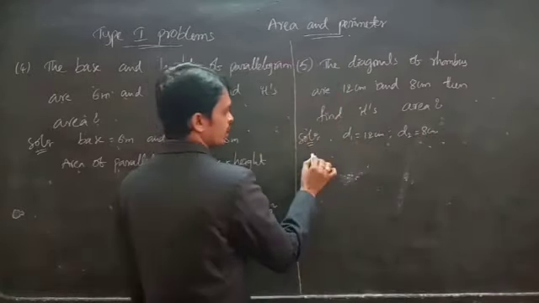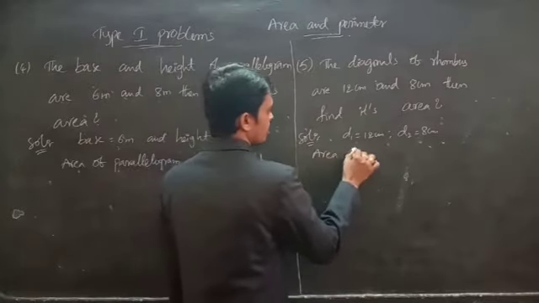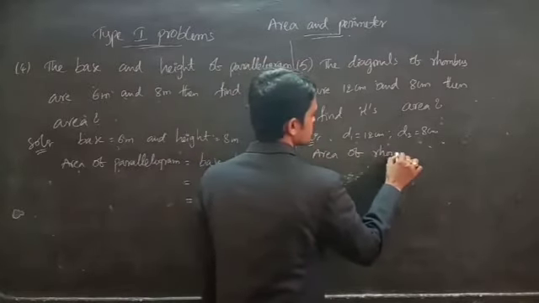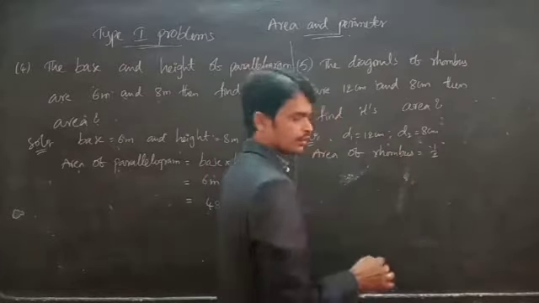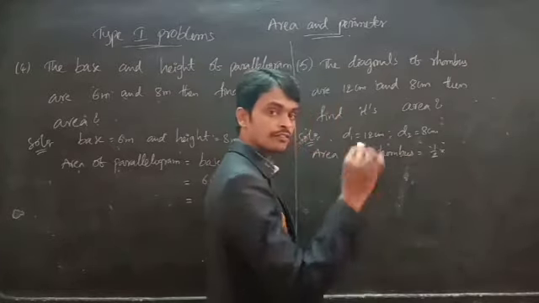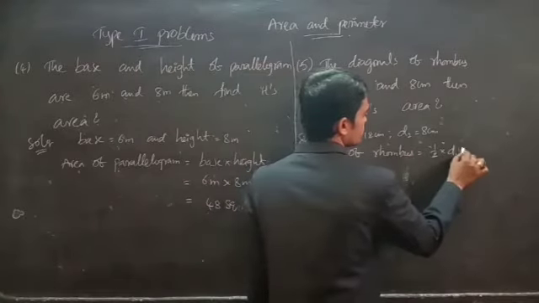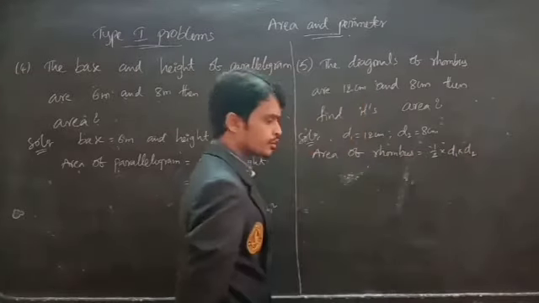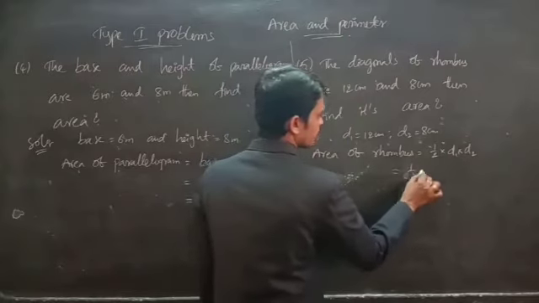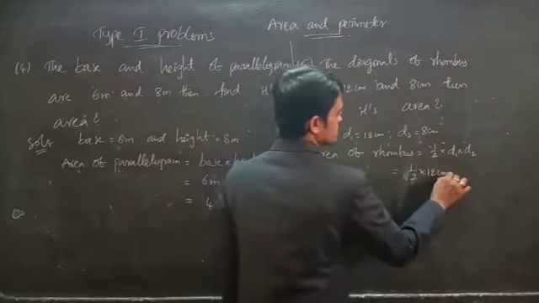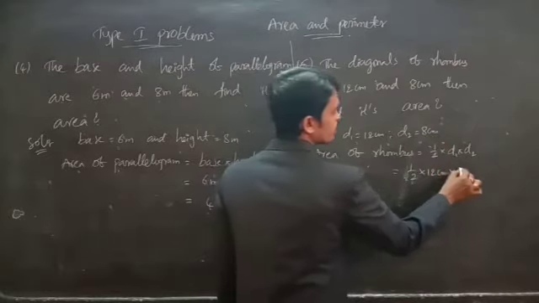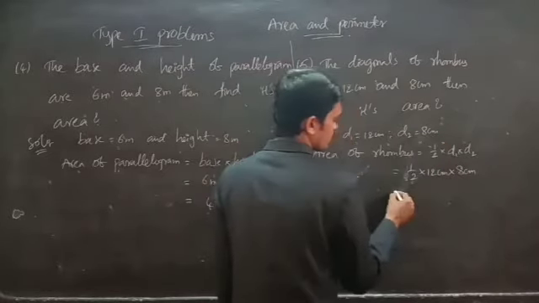Then we have to find out the area of the rhombus. Area of rhombus formula is half of the product of its diagonals, that is half into D1 into D2. So now half into D1, 12 centimeters, into D2, 8 centimeters.